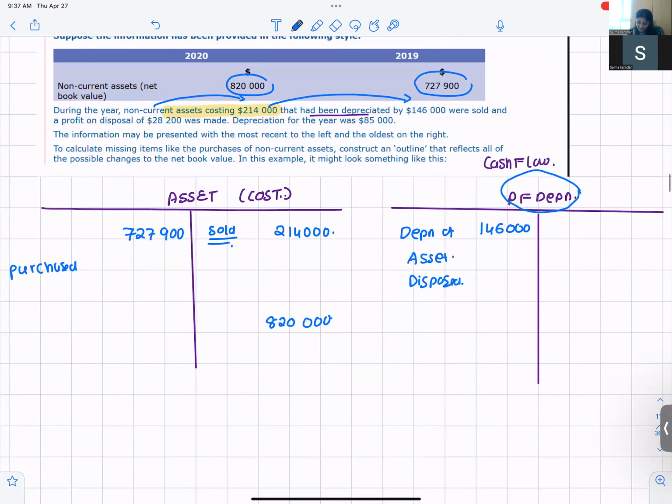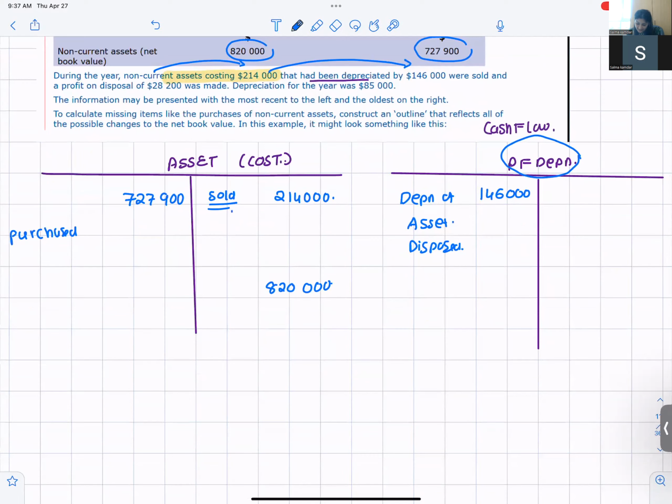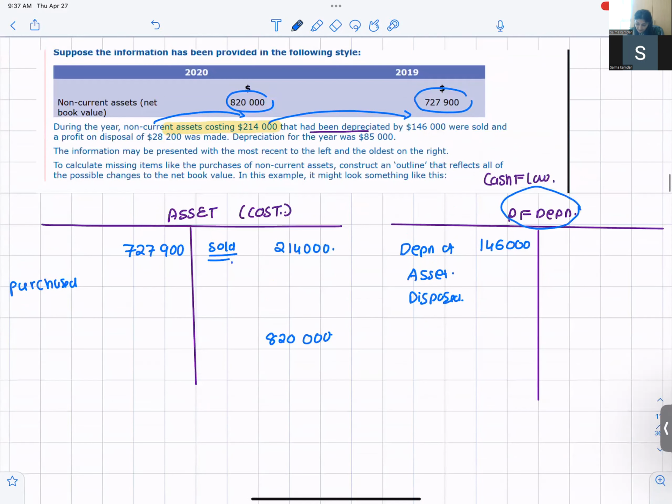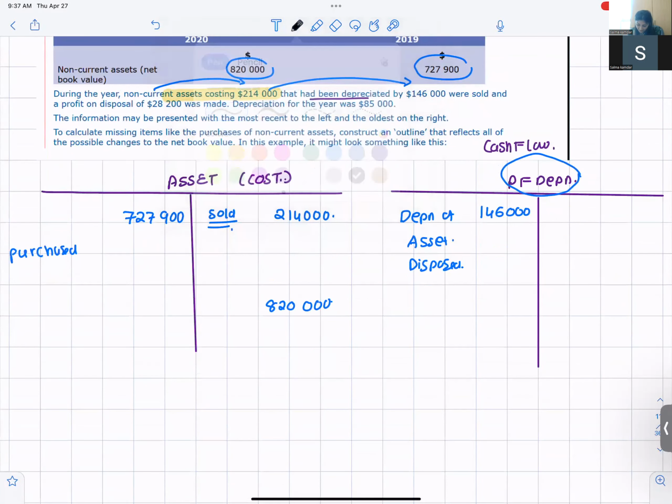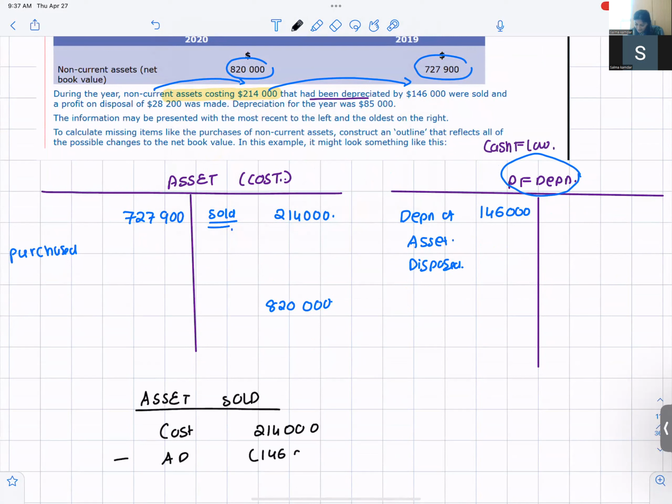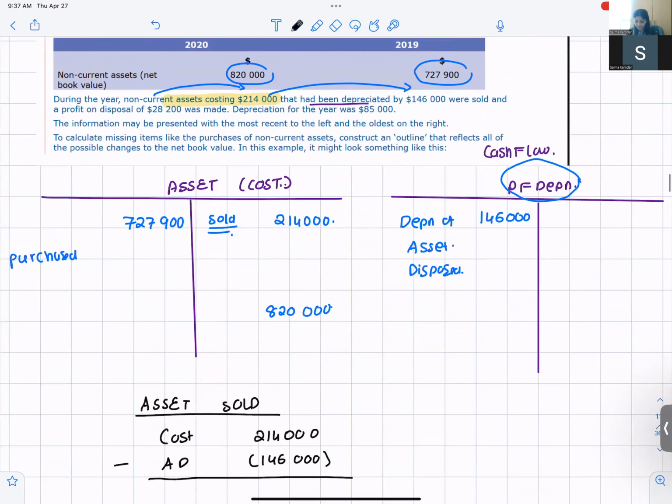So let's calculate the net book value of the asset that you have sold. Its cost is 214,000 minus accumulated depreciation of 146,000. So what is the net book value of the asset that you have sold?